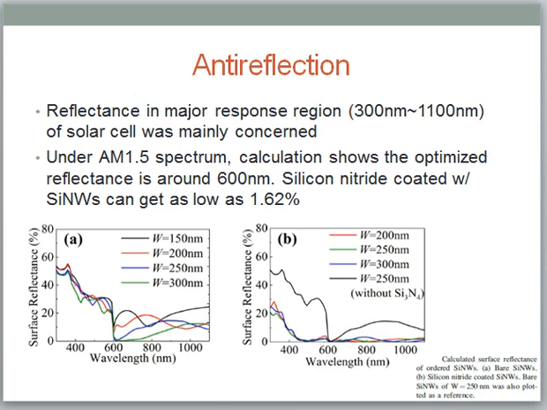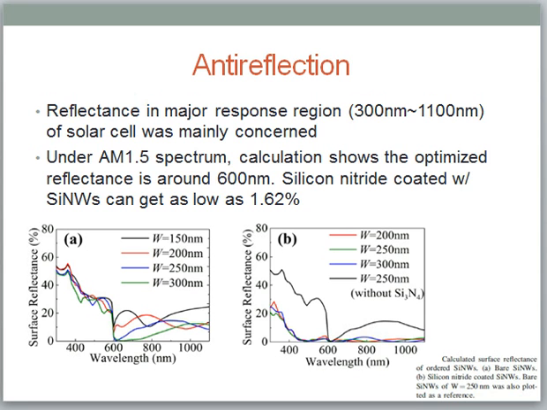There are two graphs, A and B. A is a graph of bare silicon nanowire array, and B is silicon nitride coated silicon nanowire array. As you can see from graph A, the reflectance is relatively high. Before 600 nanometers, it's really high, and as the wavelength increases, it goes down a little bit, but still it's quite high.